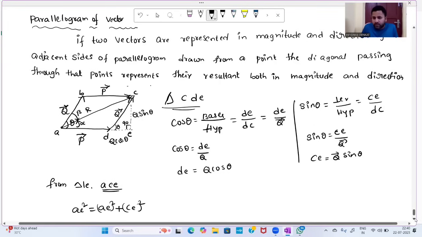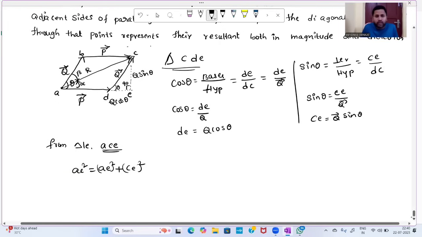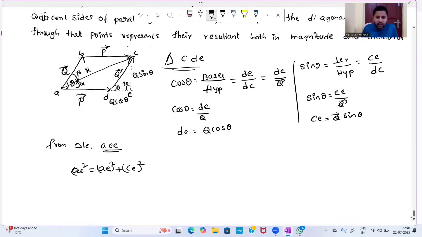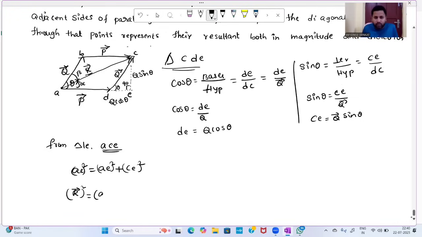Now, continuation. Here we know AC, AE and CE, everything we know. AC is the resultant vector, that is R. So R square equal to AE, and AE means AD plus DE, whole square, plus CE square.